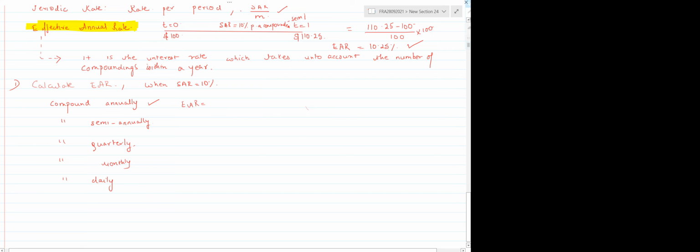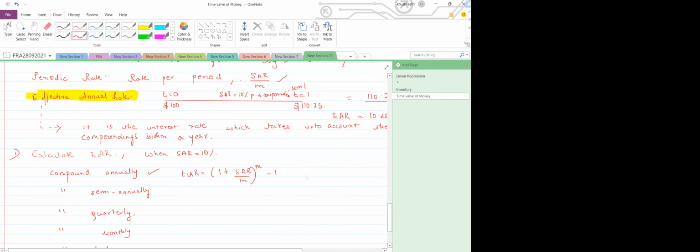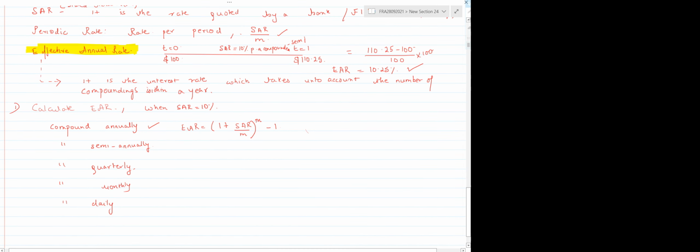My only EAR formula is this, guys: EAR equals 1 plus SAR by M, to the power M, minus 1. Take this example here. My 10% was compounded semi-annually.